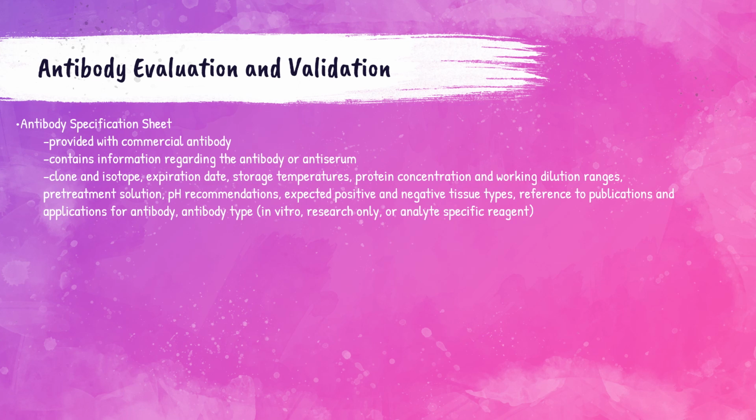The sheet usually includes information on the expiration date, the recommended storage conditions, both long and short-term storage temperatures, the concentration of protein and the suggested working dilution ranges, pre-treatment solutions, expected positive and negative tissue types, references to publications and applications for the antibody, and the antibody type, meaning if it's in vitro or for research only use.